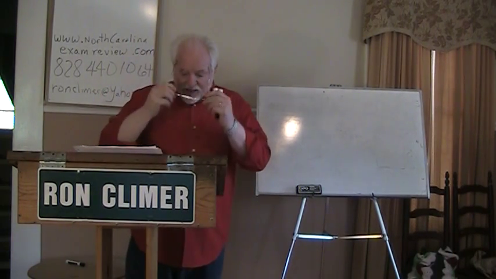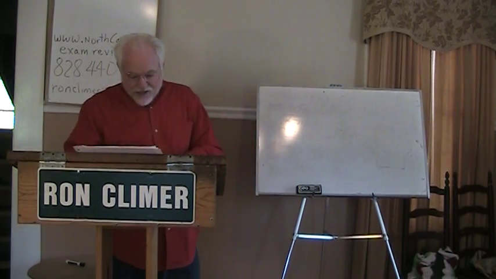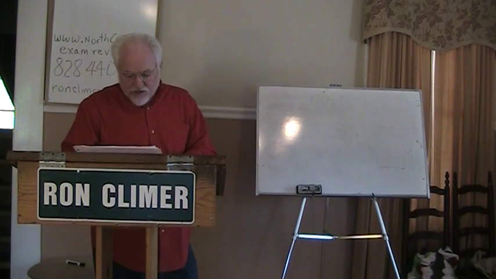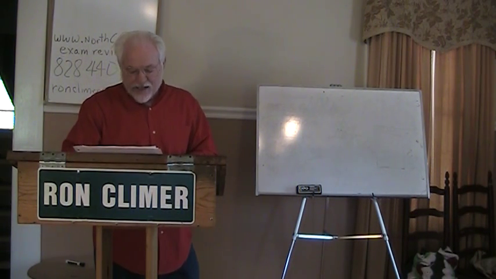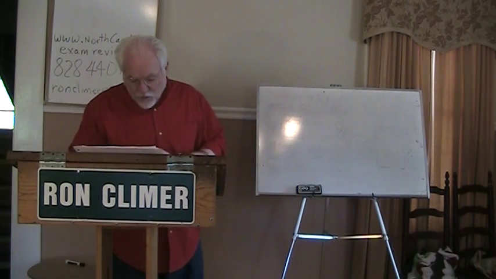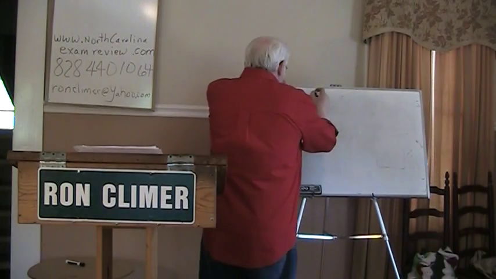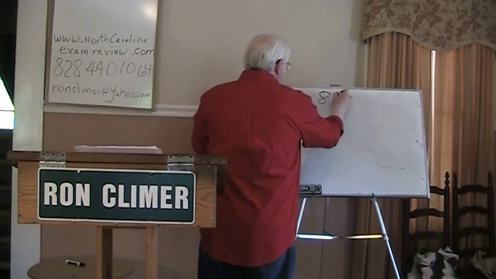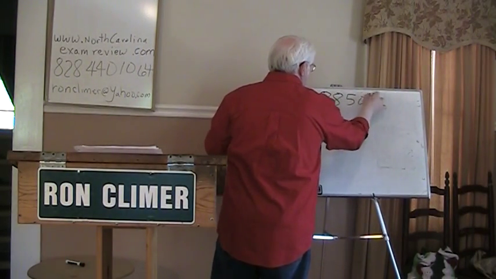Let's take a look at question number 3. If the savings and loan gives you a 90% loan on a house valued at $88,500, how much additional cash must you produce as a down payment if you've already paid $4,500 in earnest money deposit? So you're buying a house for $88,500.